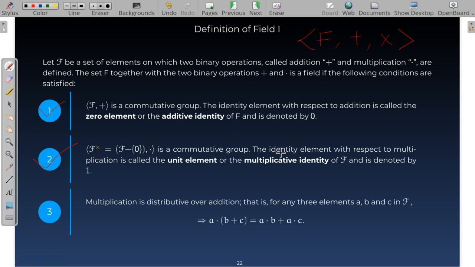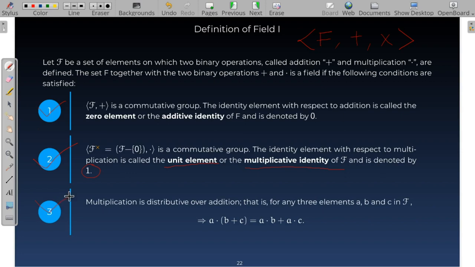Okay, and the identity element with respect to multiplication is called the multiplicative identity of F and is denoted by 1. So 1 is always going to be the multiplicative identity of the field. It is also called the unit element.